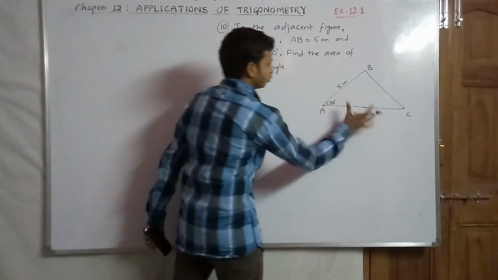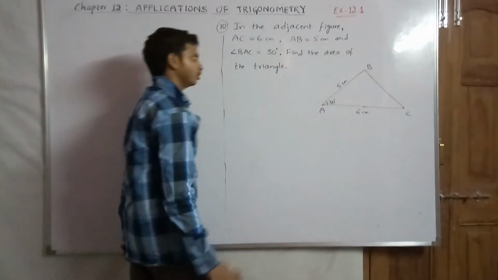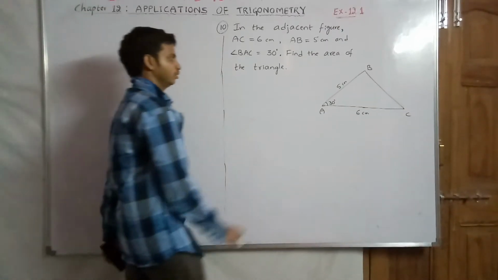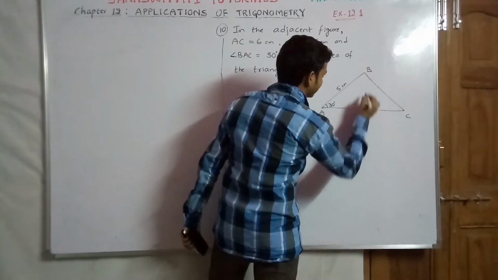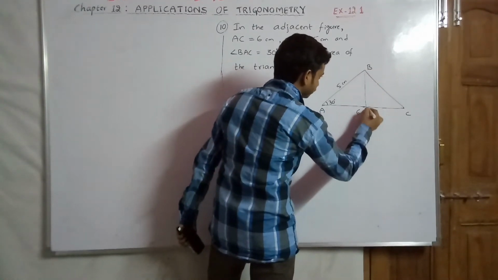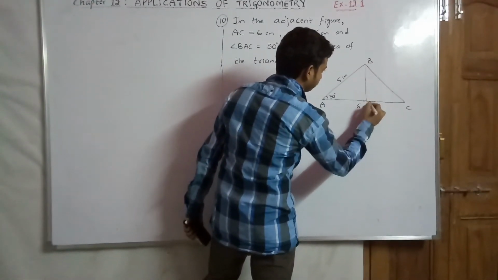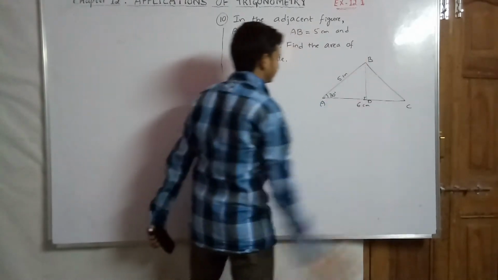In order to find the area of a triangle, we know the formula is half base into height. If we consider AC as the base, let us draw a line BD perpendicular to AC, so this BD is the height.